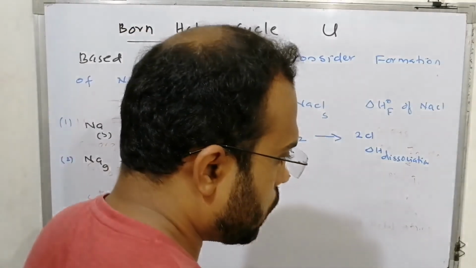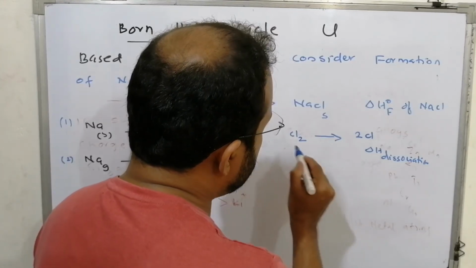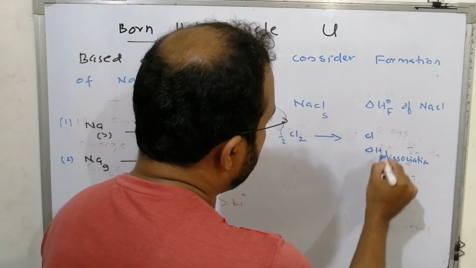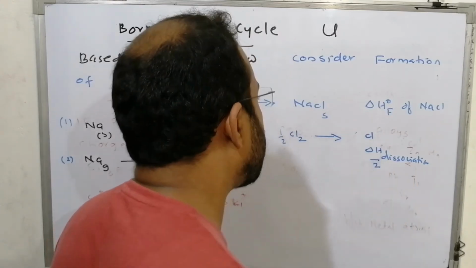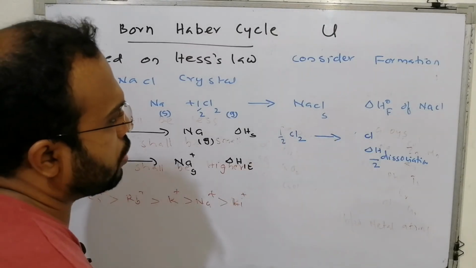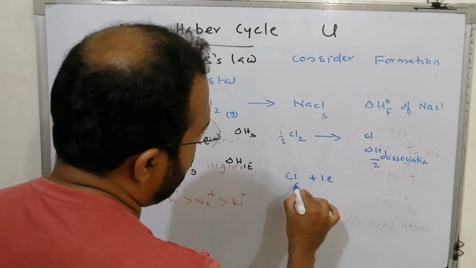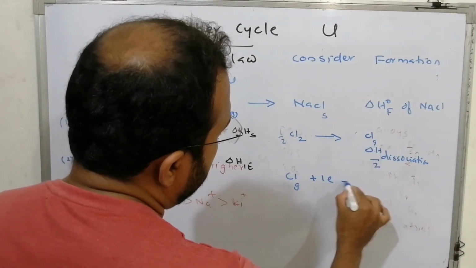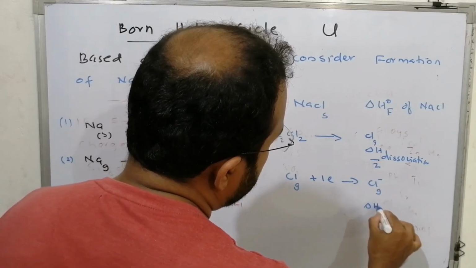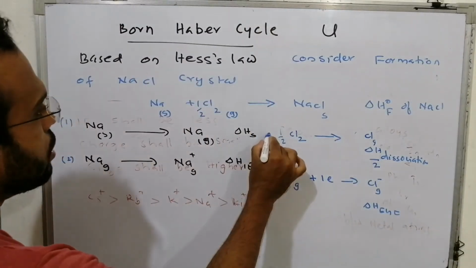Now the chlorine reacts with one electron and you get chloride ion gas. This is called electron gain enthalpy. Therefore, this is the third step.